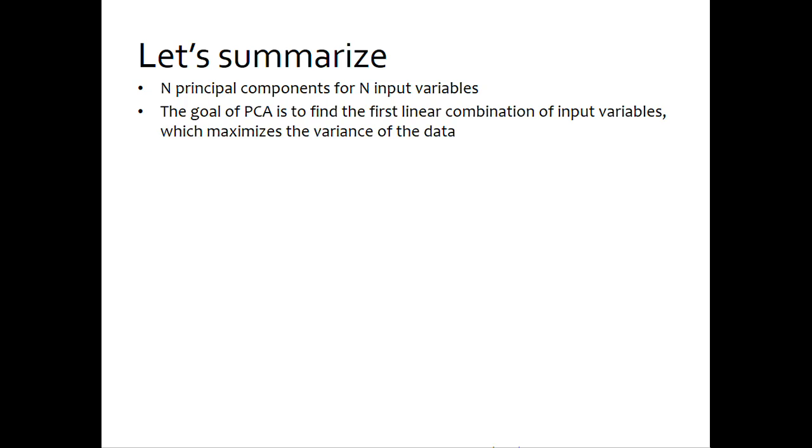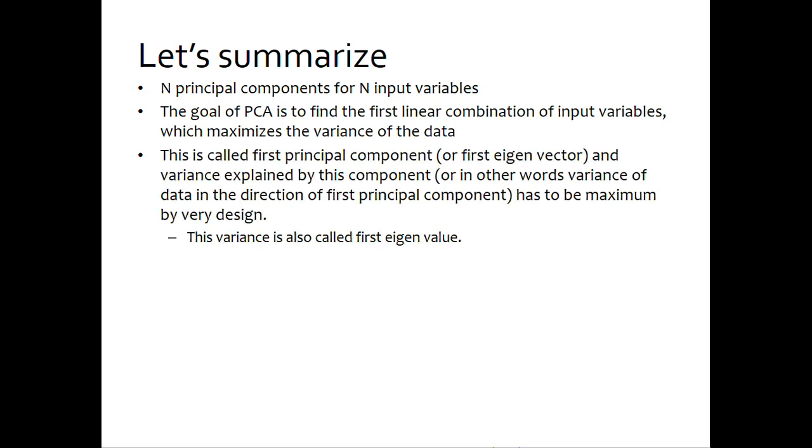So the goal of PCA is to find the first linear combination of input variables which maximizes the variance of the data. This is called the first principal component, and the variance of the data points in the direction of the first principal component, which is obviously the variance of the projection points, is called the first principal component variance or the first eigenvalue.